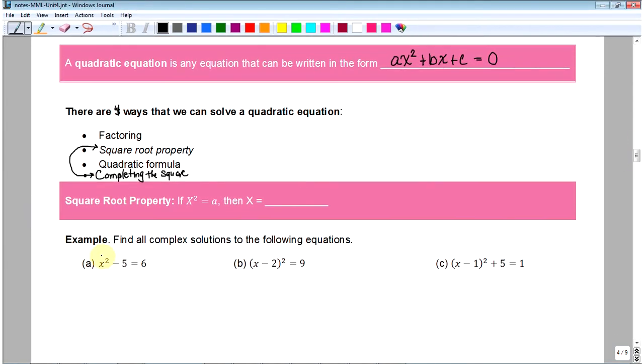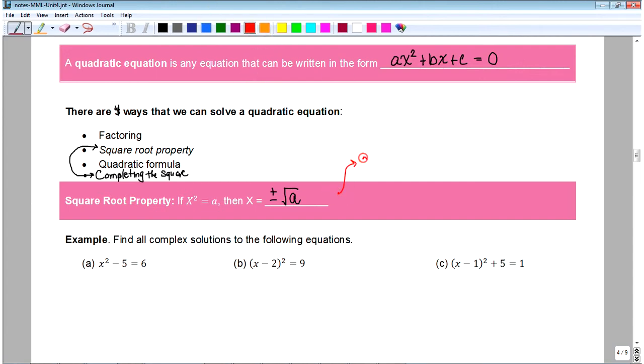So the square root property says if x squared is equal to some value a, then x is equal to, and we have two solutions, a positive and a negative of the square root of a. Okay, so let's look at an example of this that will illustrate this property.